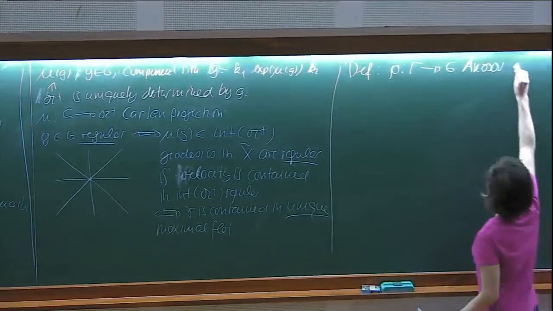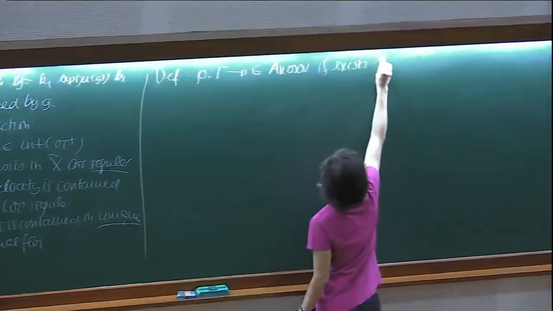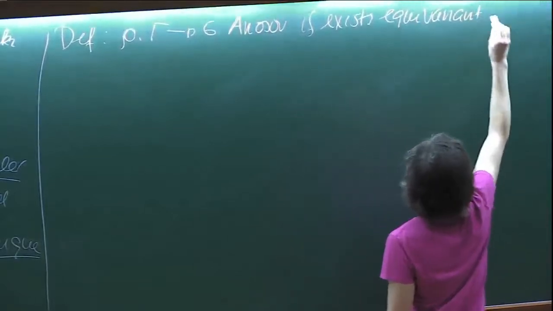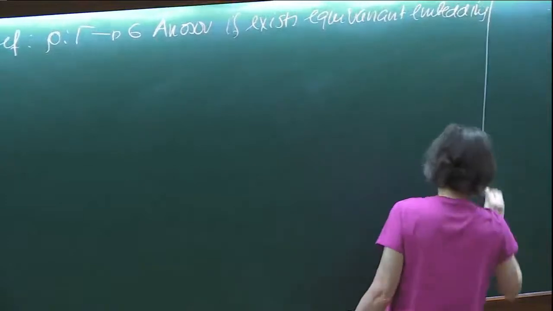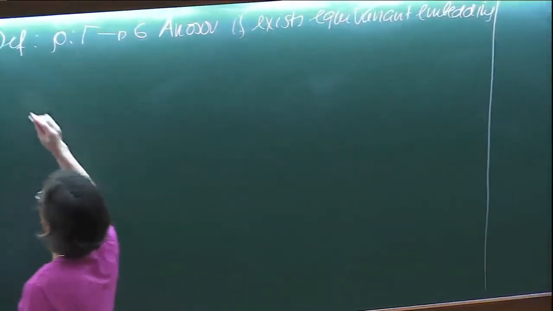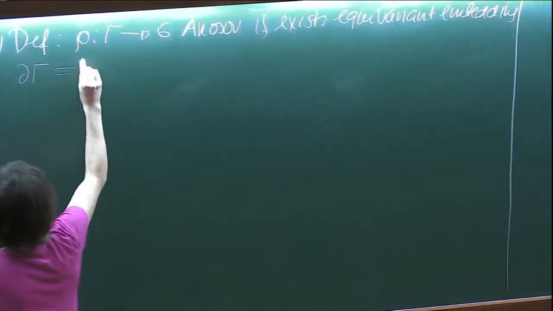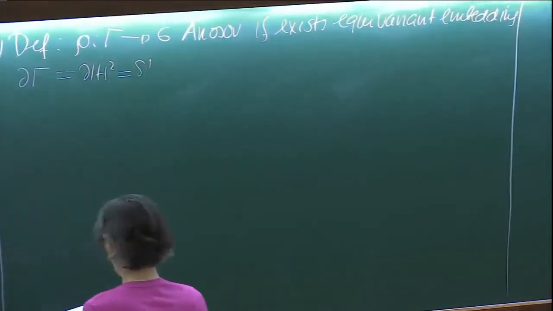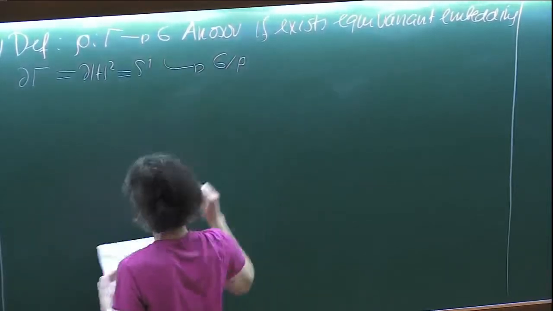A representation is Anosov if there exists an equivariant embedding of the boundary of gamma. So gamma is a hyperbolic group, so it has a Gromov boundary, which is just the boundary of the hyperbolic plane, equal to S1 in this case, into G mod P, the Furstenberg boundary.